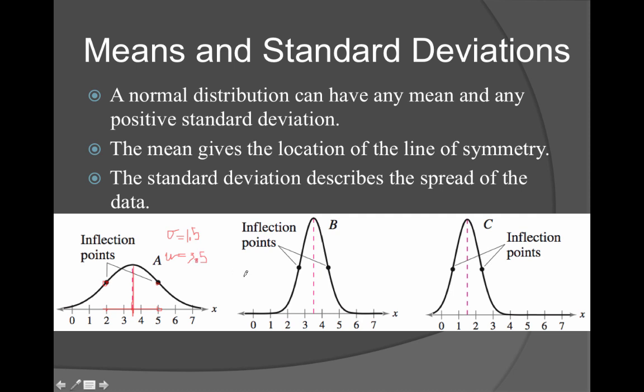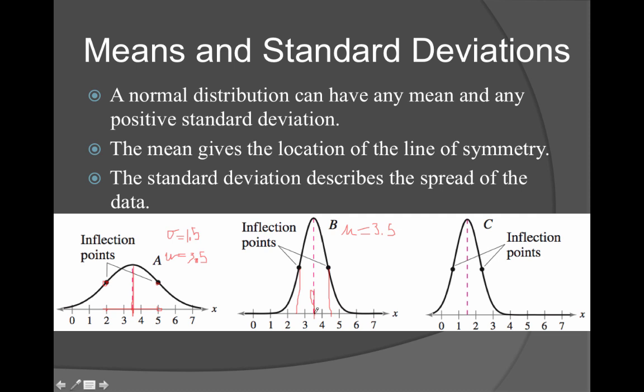What about graph B here? Again, we can see our mean is right here at 3.5. And what about our inflection points? Our inflection points now are occurring at 2.5 and 4.5.